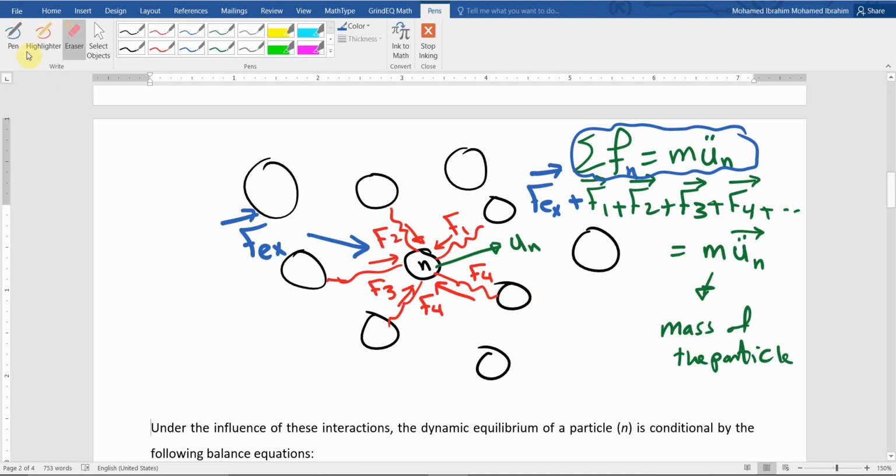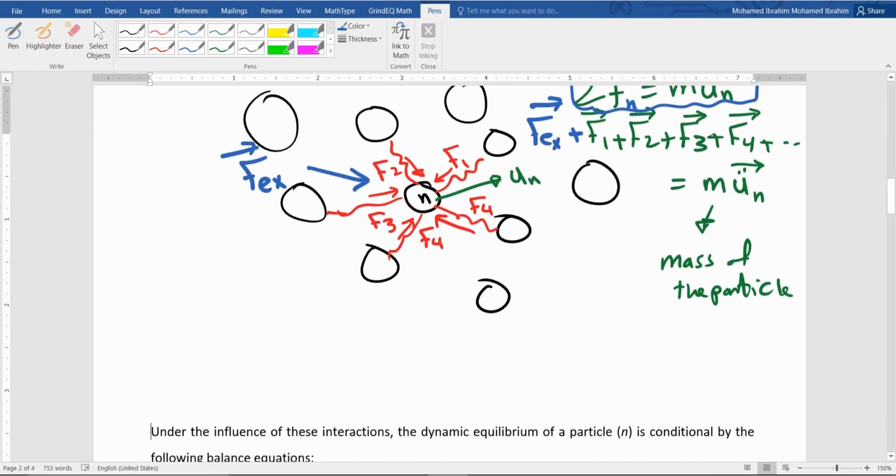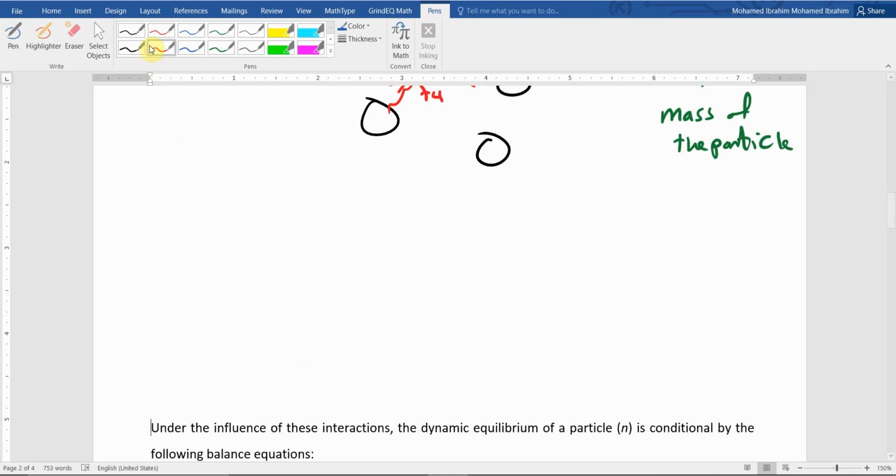Let us consider this drawing. It is going to be much more clear. How about if we do have this particle M, and there is another particle N. And as we agreed, there should be some force that comes from M acting over N, right?